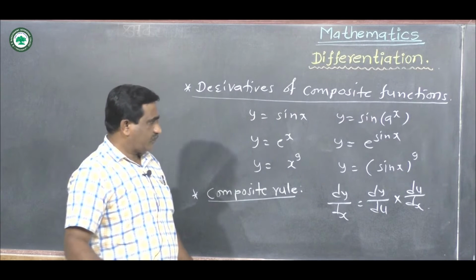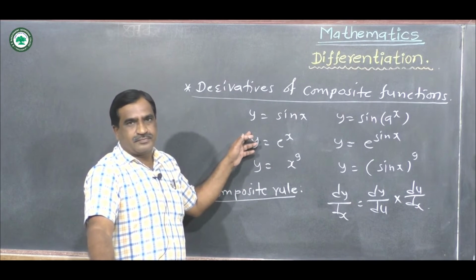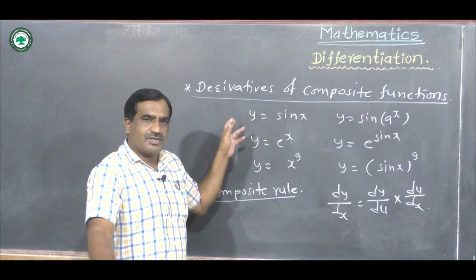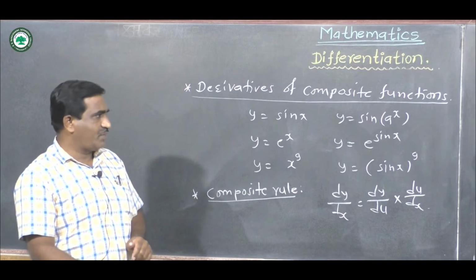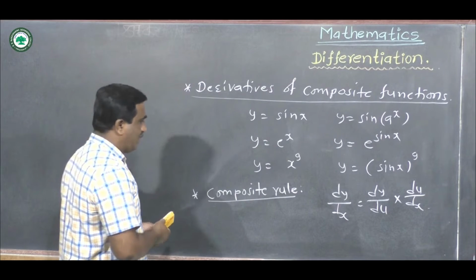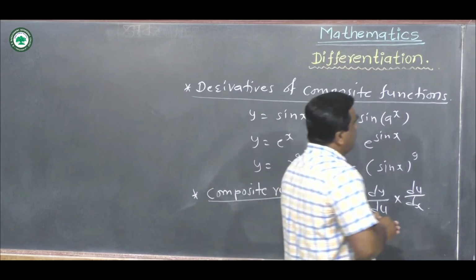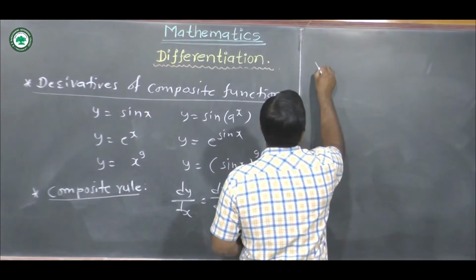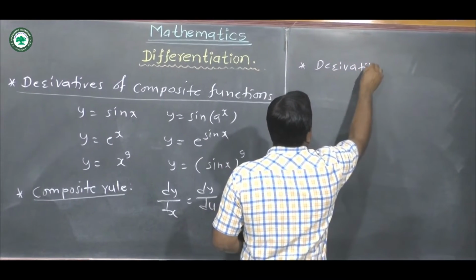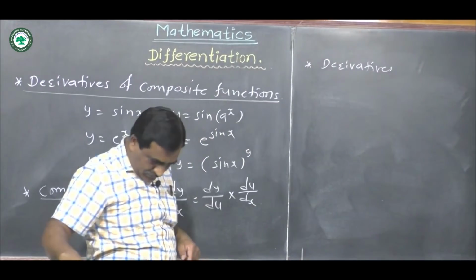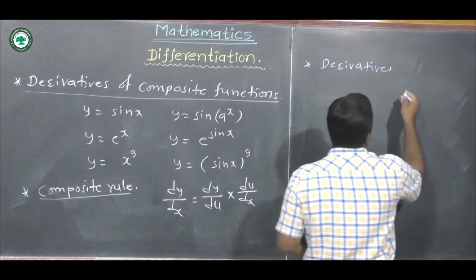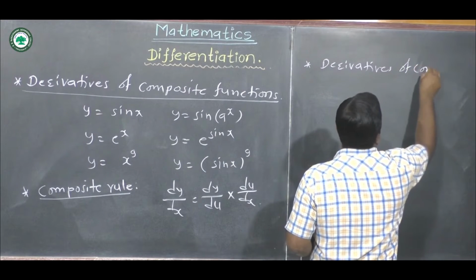If we write f of x instead of x in a standard formula, then these functions become composite functions, and we have to find the derivatives of these composite functions by using formulae.